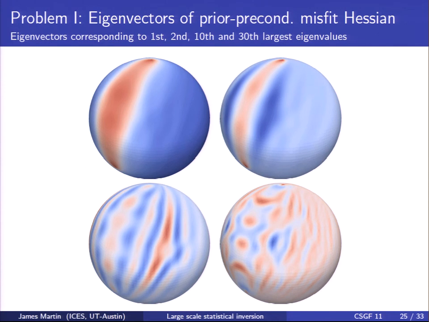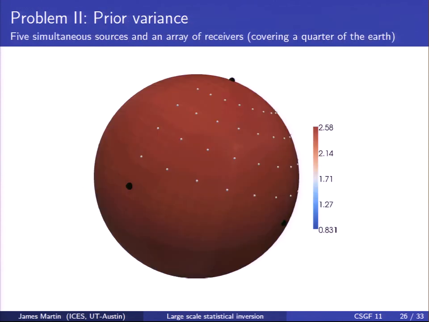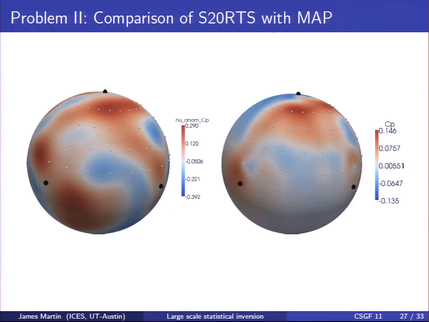These are just some interesting eigenvectors of the Lanczos solve that we get, so you can see some structure between the source and receiver. And for the second problem, we do essentially the same type of things. Here I wanted to give some indication of what we see from the deterministic solve.